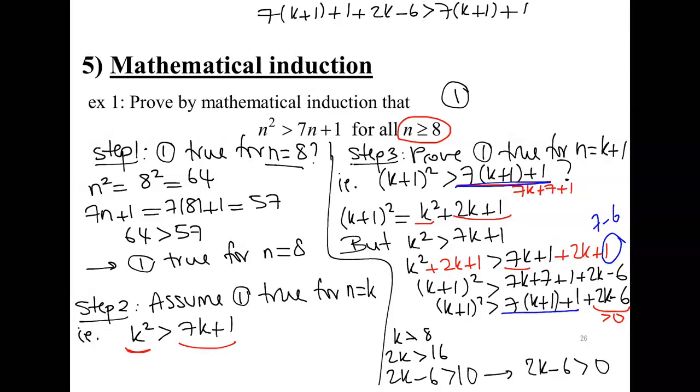If you have a number a, if you add a positive number to number a, you get an even greater number. And according to the statement that we have here, k plus 1 all squared is greater than 7 into k plus 1 plus 1 plus 2k minus 6.